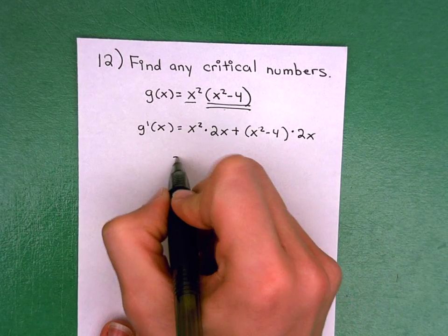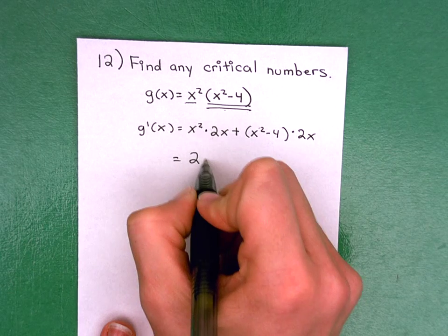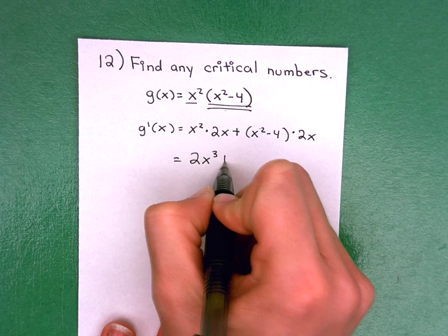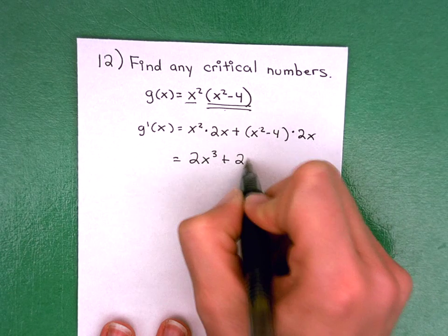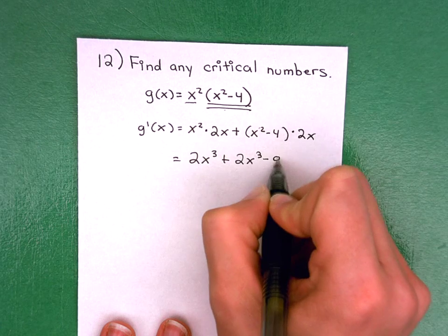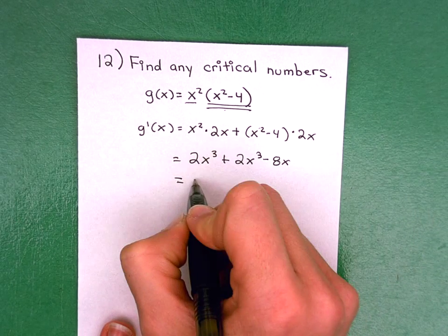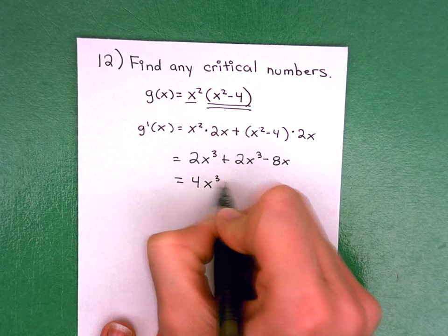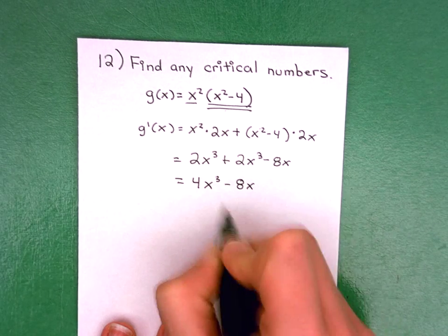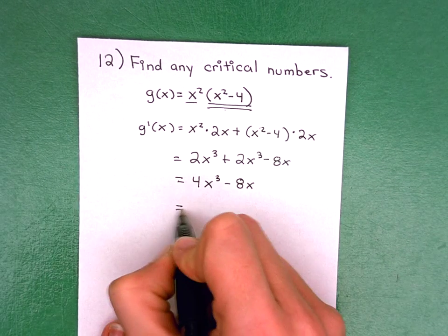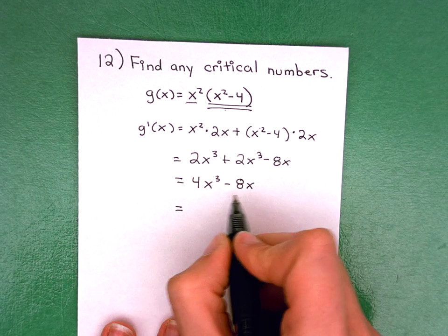Just cleaning this up a little bit, 2x times x squared is 2x cubed. Distributing in that 2x, we get 2x cubed minus 8x. And I notice this 2x cubed and 2x cubed can make 4x cubed. And remember, we aren't done until we factor, and you're going to see why in a very short bit here.